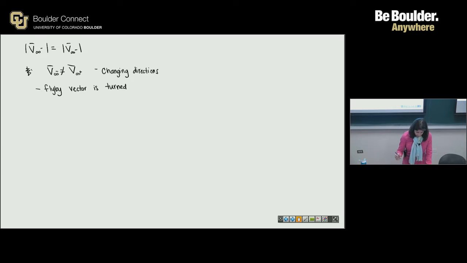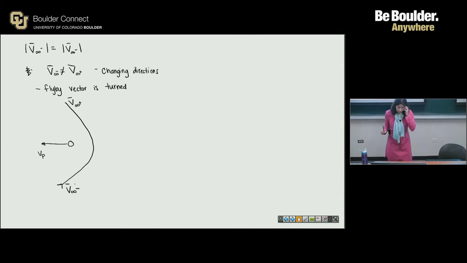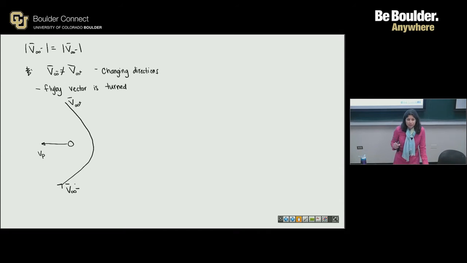Okay, so let's just look at a vector diagram here. Here's our planet, and here's the velocity of the planet. All right, so let's just say we've got this nice hyperbolic trajectory. You've got V infinity in and V infinity out. So let's draw a vector diagram for the flyby. We'll just put the sun here.